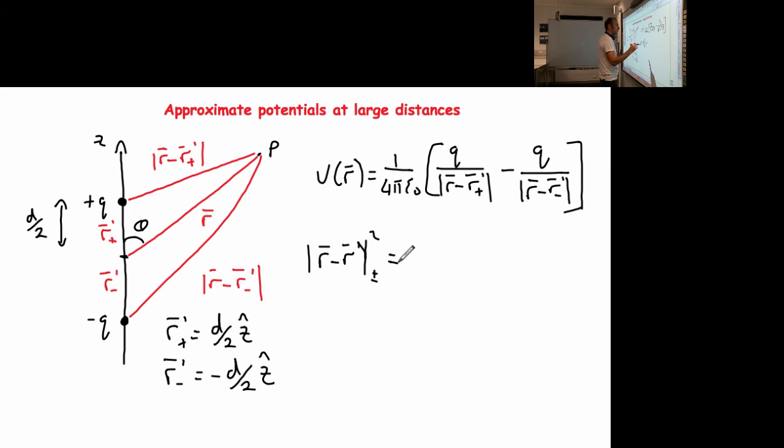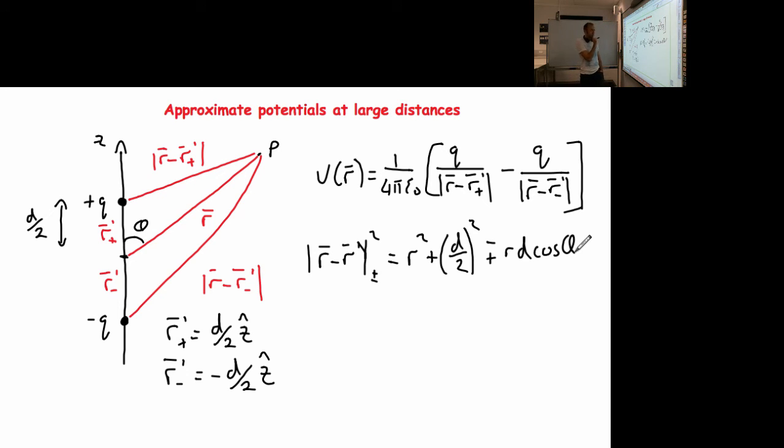Using the law of cosines, we have R squared plus d over 2 squared minus or plus R d cos theta.